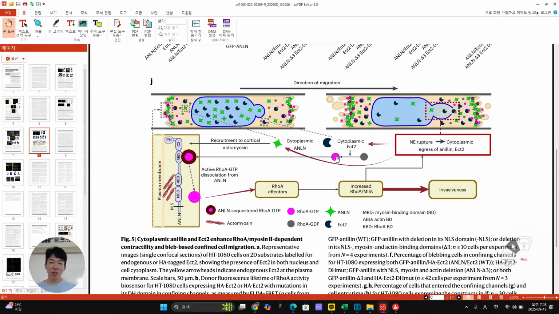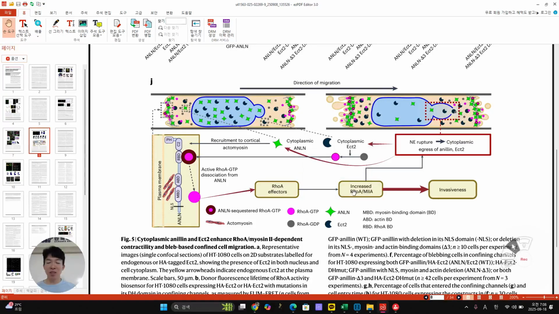And then this RhoA GTP binds to anillin, which is already localized in the back and front with actin. This anillin also has a myosin binding domain. So when RhoA GTP binds here and is released, it can activate myosin 2 activity.